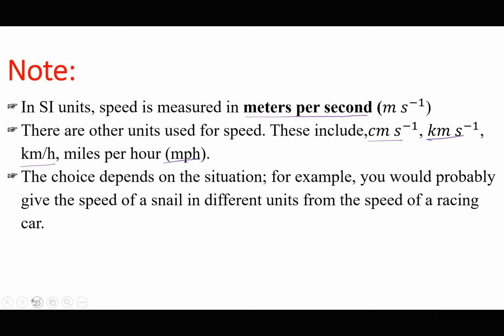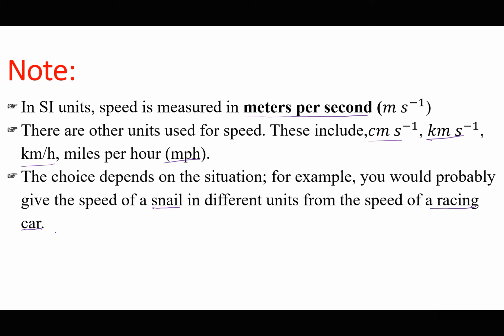Also, the choice of units will depend. For example, you would give the speed of a snail in different units from the speed of a racing car. We expect that the speed of a racing car is going to be high, perhaps in kilometers per hour or miles per hour. The speed of a snail is going to be too low, it could even be in millimeters per second.